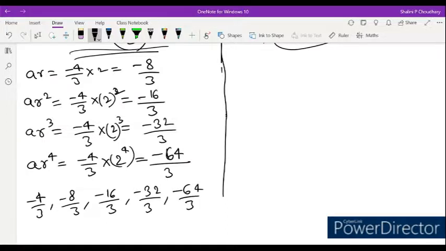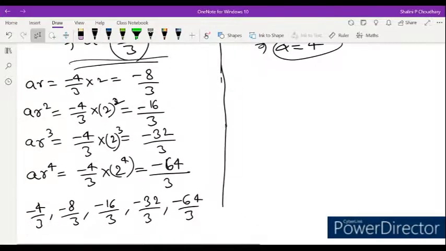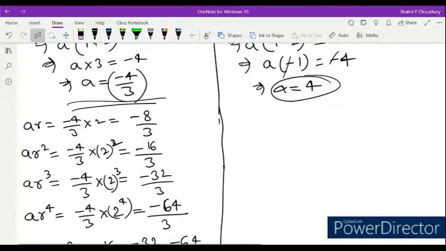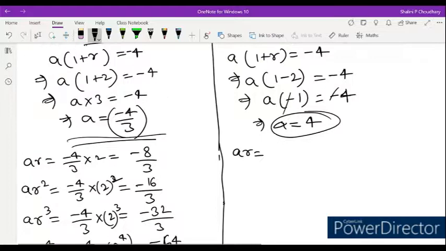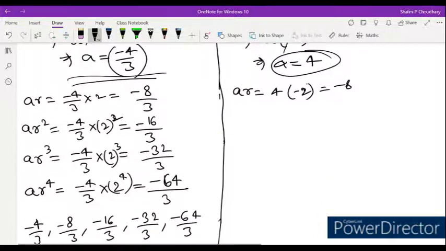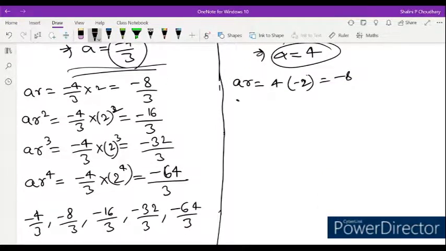Okay. Similarly, when we have taken the value of R as minus 2, then the value of A is 4. Then AR will be equal to 4 into minus 2, that will be equal to minus 8. Now AR square, 4 into minus 2 whole square, that is 4, so it will be 16.